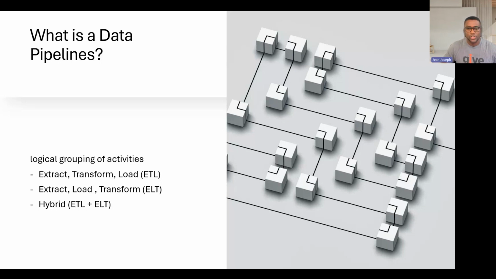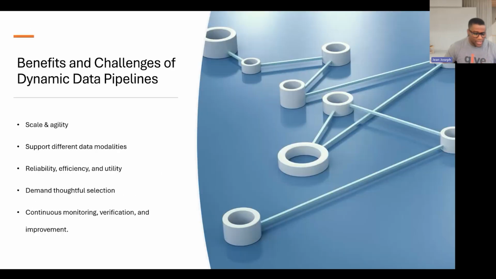So this approach provides flexibility and can be tailored to specific needs of your data infrastructure. So depending on the specific requirements and capabilities of your data infrastructure, you can choose the most suitable approach that fits your needs, right? So here's the thing.